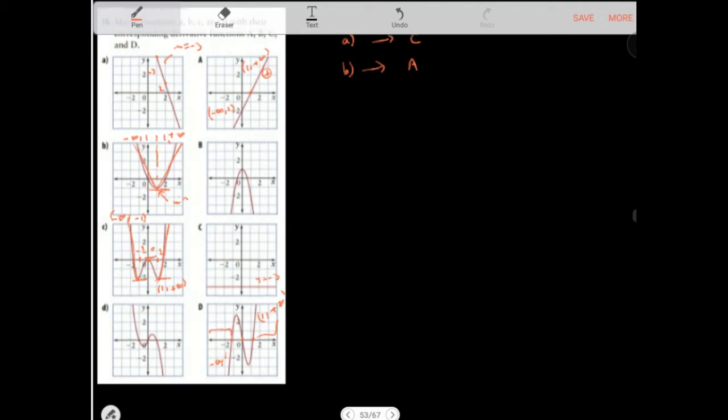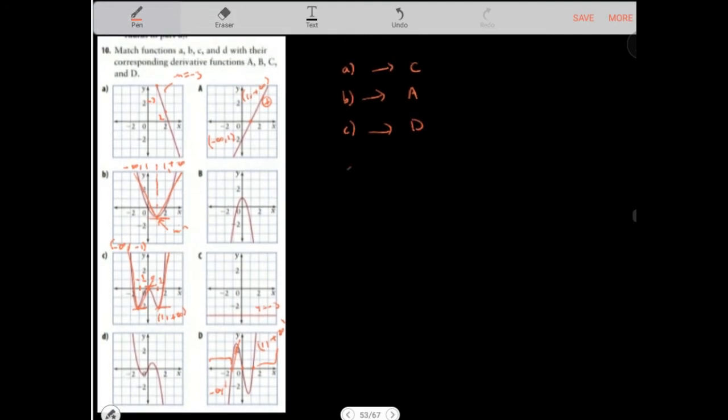Between -1 and 0 you should see a positive slope. Sorry, I'm making a lot of mistakes today. And from 0 to 1 you should see a negative slope. So this is consistent with C and D. So lowercase c should correspond to graph D, and by default lowercase d should correspond to graph B.